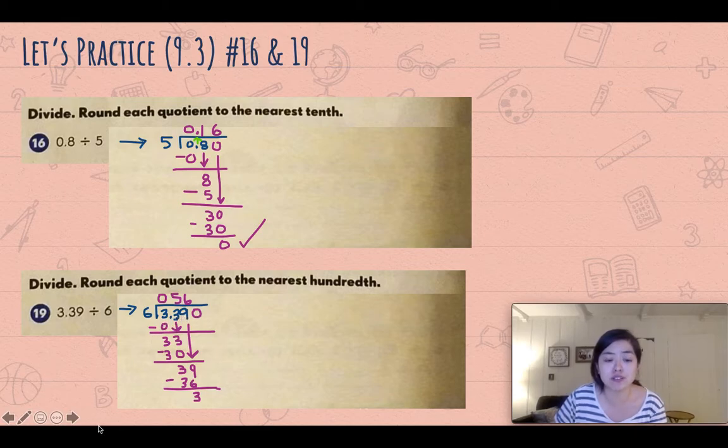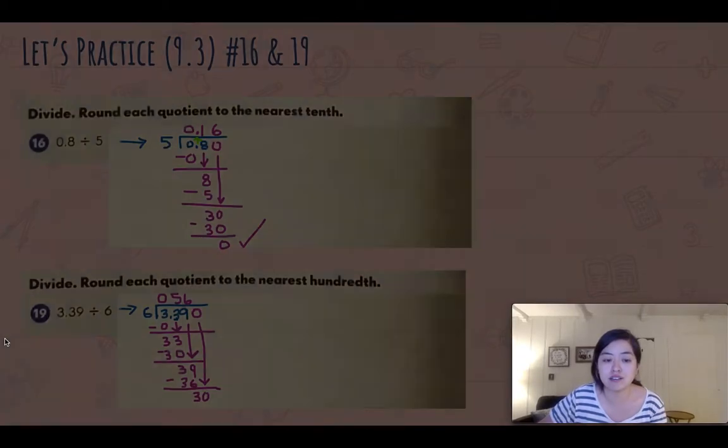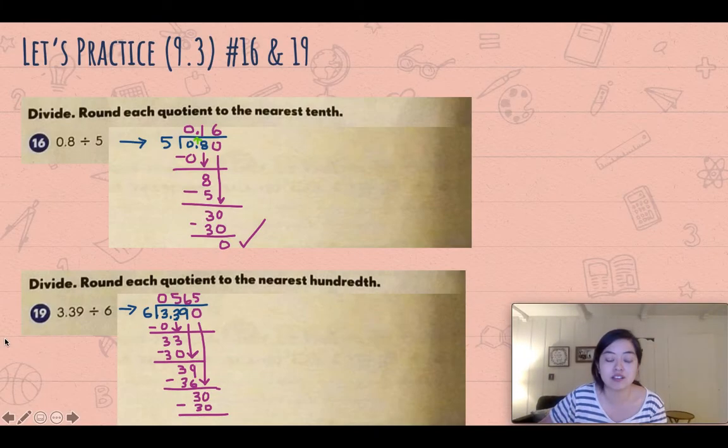The value is still the same. So let's drop the trailing 0. So 6 times what gets me to 30? It's 5. So I'm going to subtract 30, I get 0, but I'm not done, because I can't forget to add the decimal point right there. Okay, now I'm done. So 3.39 divided by 6 is 0.565.